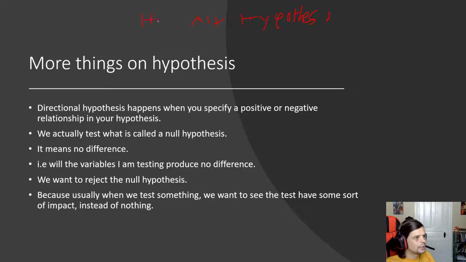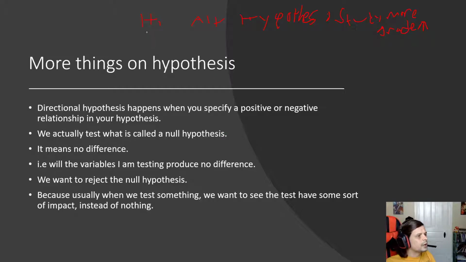It can be either. Your alt hypothesis, going back to the time studied example, is as I study more, my grades will increase. That is the alt or H1. Grades go up.